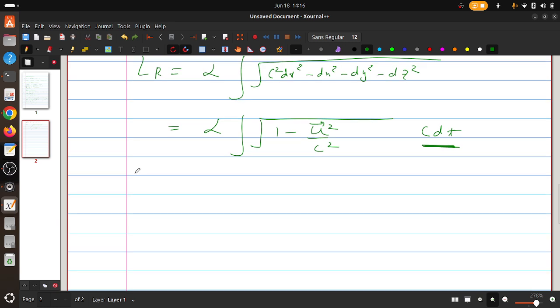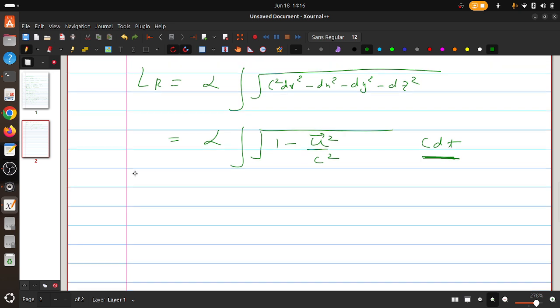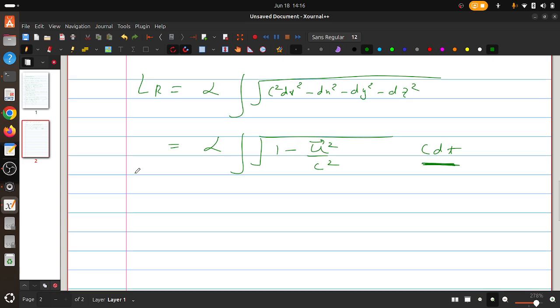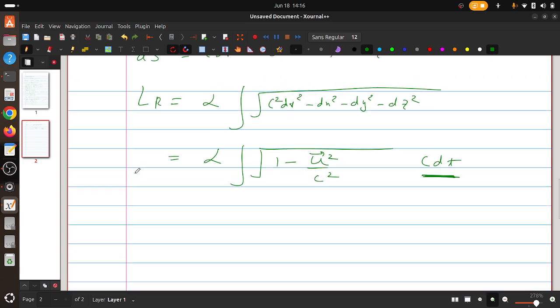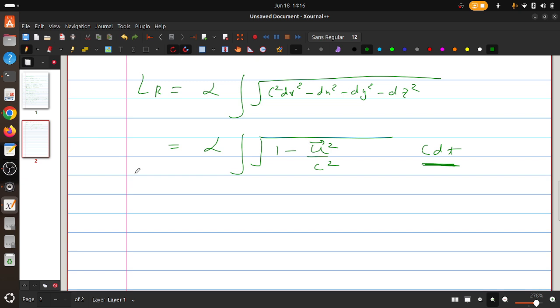But now what we want to do is eliminate the dt here, or rather, we can imagine writing this thing in terms of our proper time as well. So what was proper time? Proper time was c squared d tau squared equal to the same thing, ds squared.